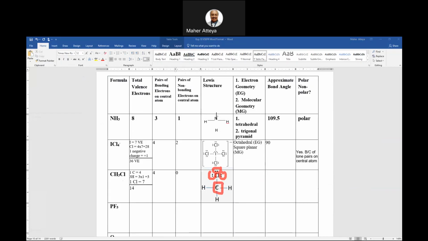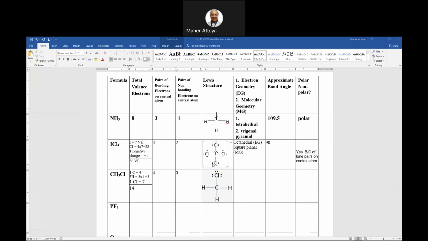Do we see any lone pair on the central atom? This is the heart and the core of the molecule. So 0. Now, what is the question? Do we have a lone pair? No. Then electron geometry and molecular geometry will be the same.